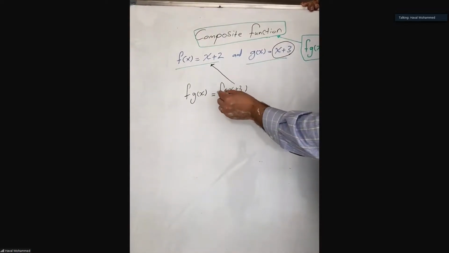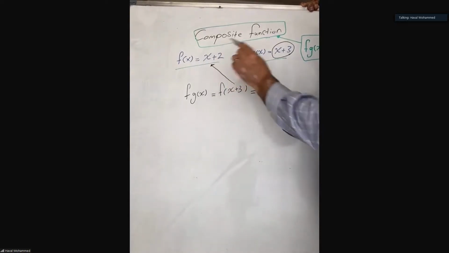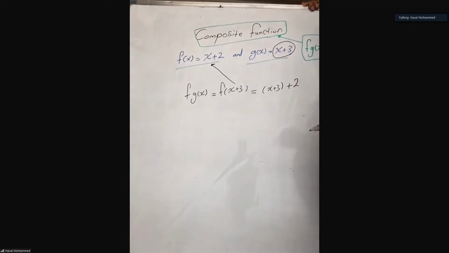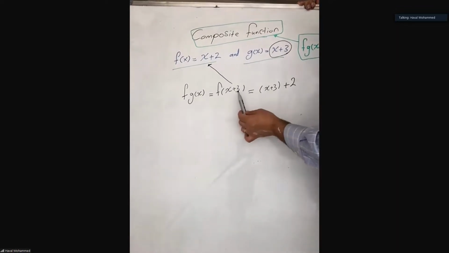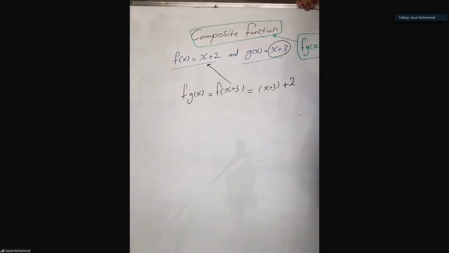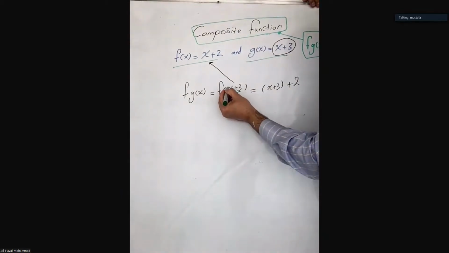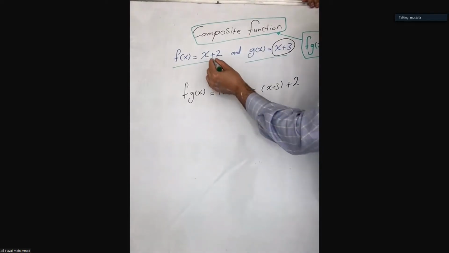What's the f x function? It's x plus 2. Instead of x, I have to use x plus 3, plus 2. You plug that value in instead of x in there.